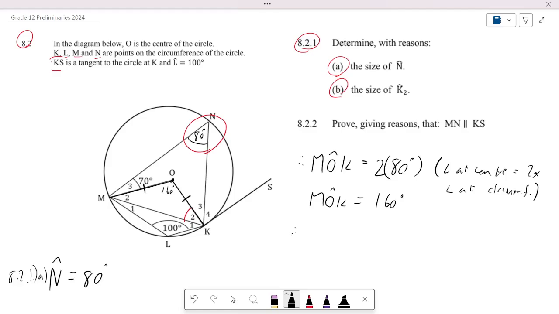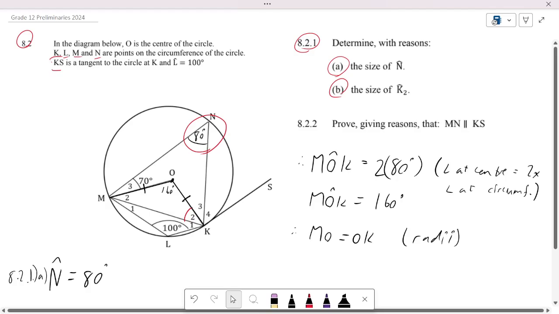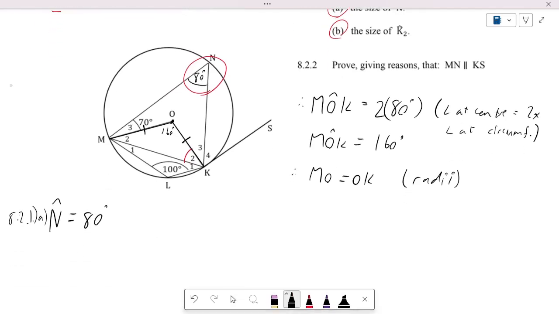How we write this down is that MO is equal to OK because they are radii. From this information, we have an isosceles triangle, meaning that this angle here, K2, is going to be the same as this angle, M2.